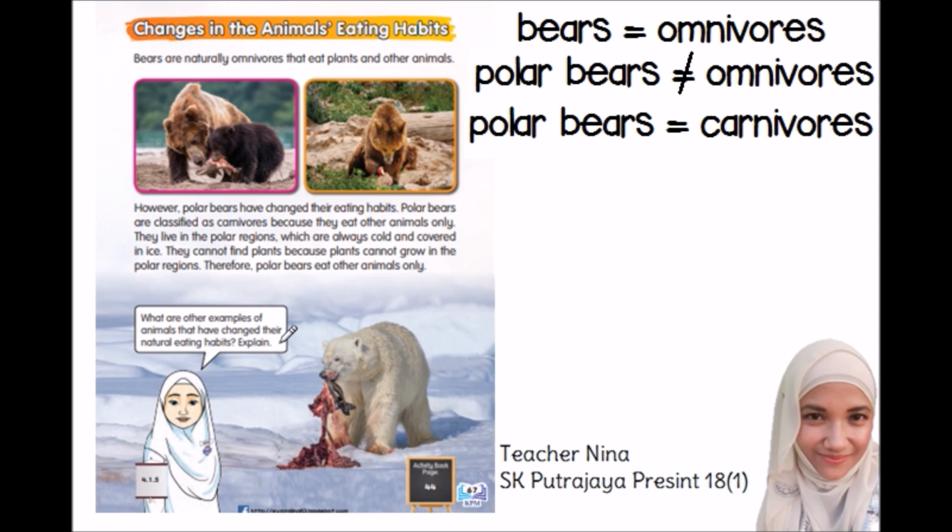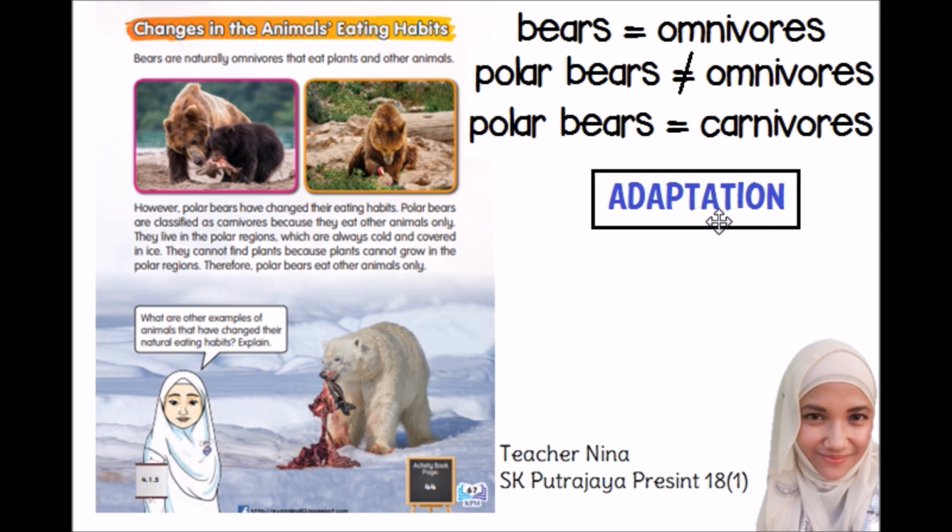So from the dentitions, we know that animals are classified according to their eating habits based on what they eat and also the dentition, the types of teeth they have. Now I am going to introduce to you a term that can be used to explain this situation.